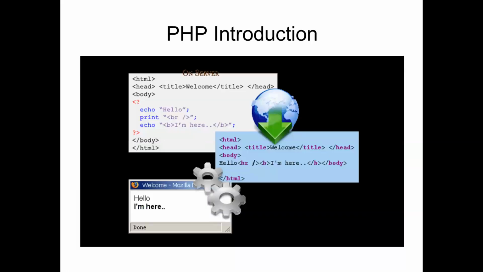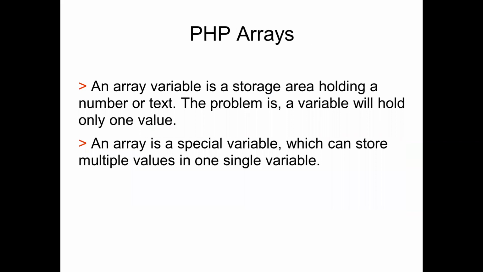Now we will get into the array concept. I hope you all know what an array is. Like in all other languages, an array is a variable which helps you to store more than one value, maybe of the same type or of different types. It depends upon the programming language.